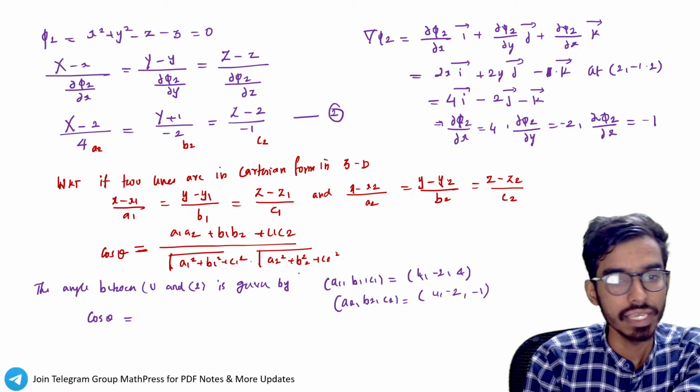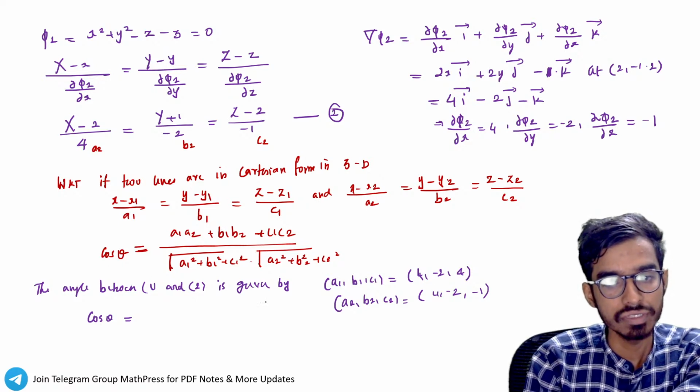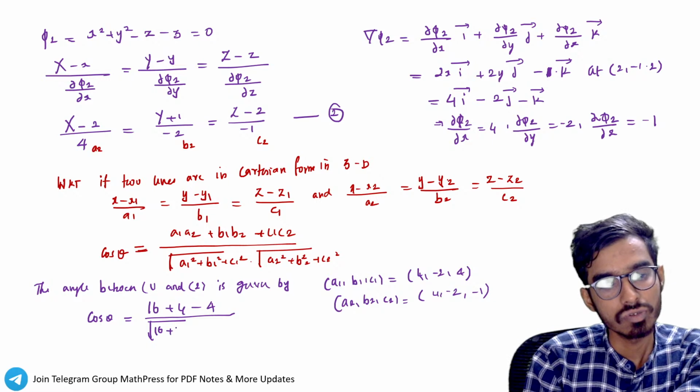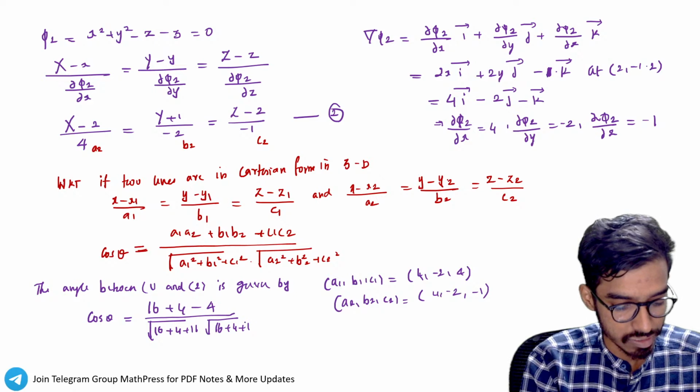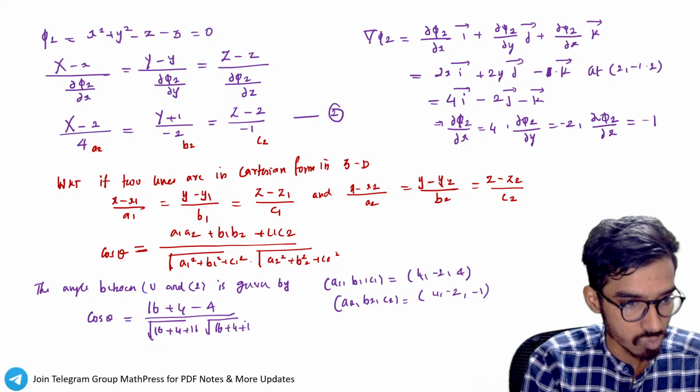So a1 a2 is 16, plus b1 b2 which is plus 4, plus c1 c2 is minus 4, divided by root of a1 square plus b1 square plus c1 square, so 16 plus 4 plus 16, into root of 16 plus 4 plus 1.